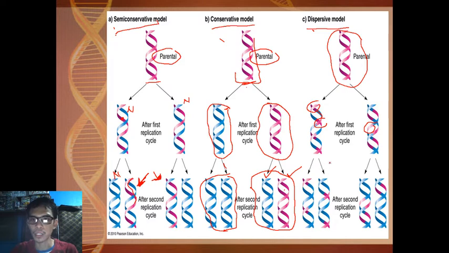The reason why it is called dispersive, from the word itself, is dispersive or scattered. So that's the appropriate word. It is scattered on the second replication cycle, so it is scattered on the daughter cells. This is now the new strand of your DNA.